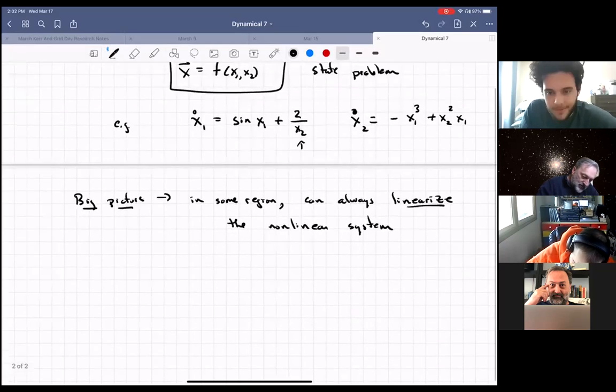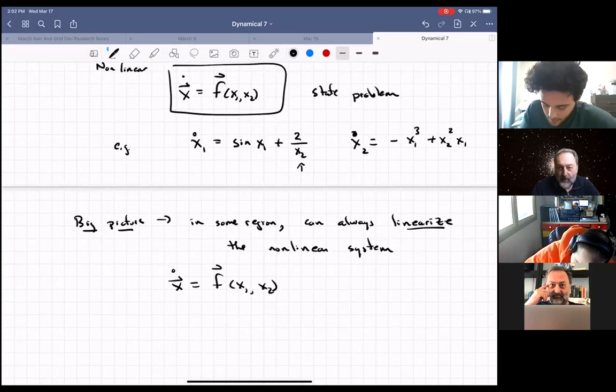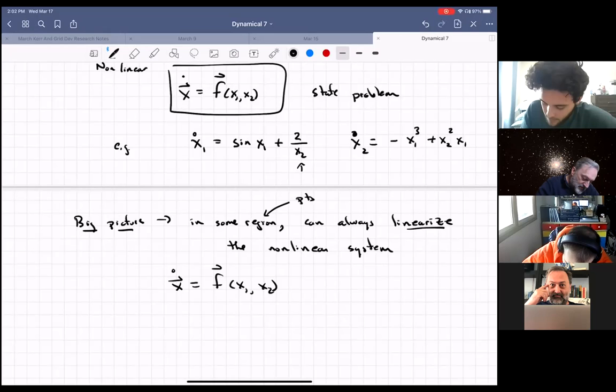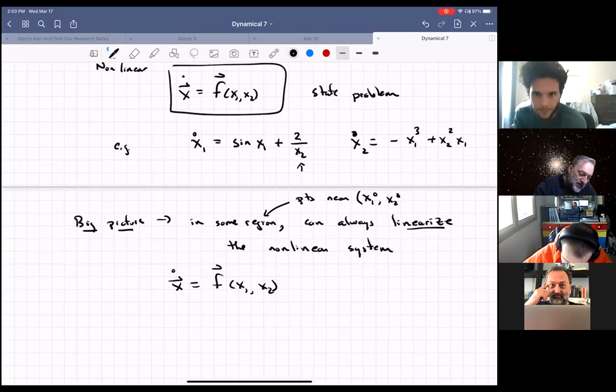If I start with this idea that x vector dot is some function of x1 and x2, I can think of having some particular point, so some region of points near some x1 naught, x2 naught. I have some particular place in mind, x1 naught, x2 naught, where I want to consider what the flow looks like near that place.